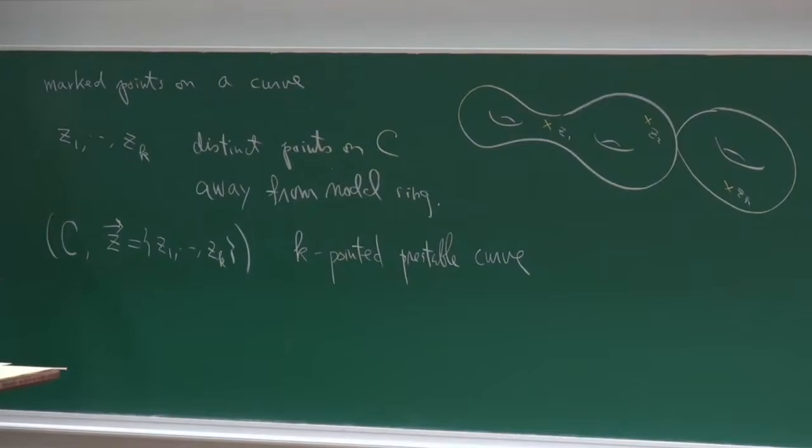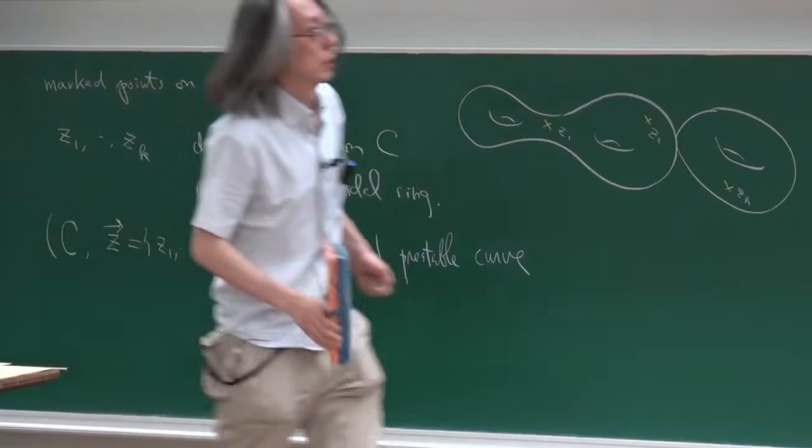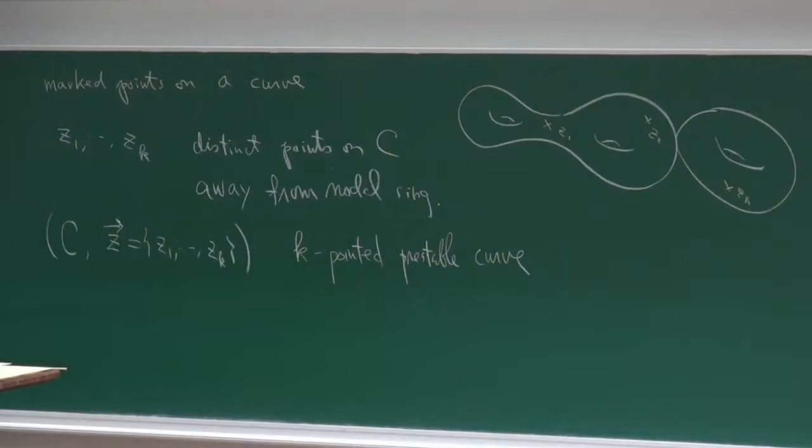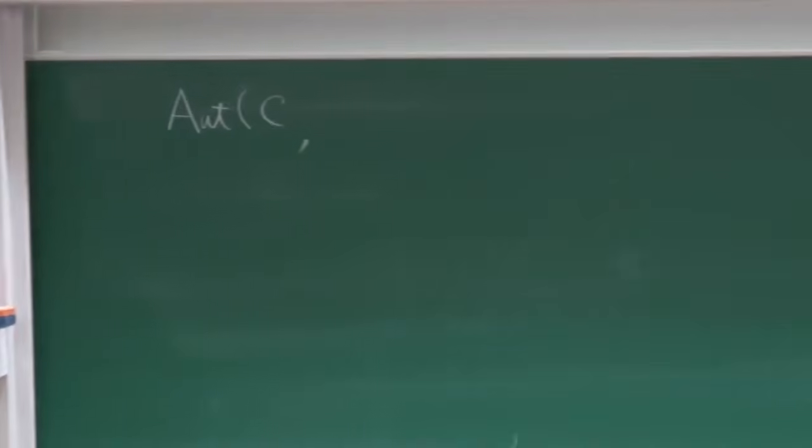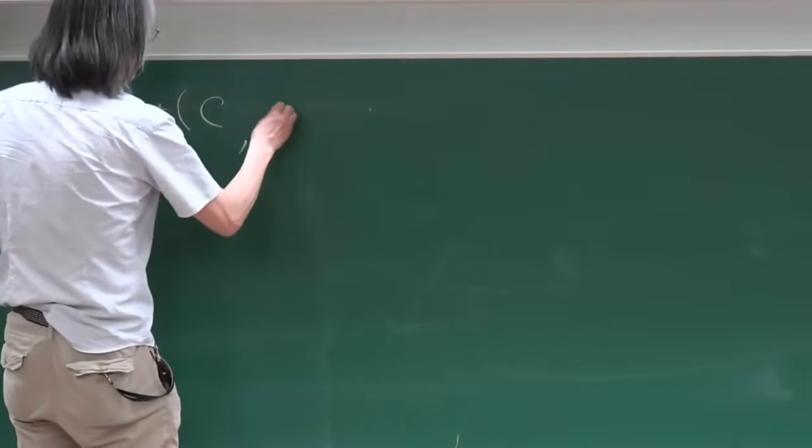And now we consider its automorphism. So now we consider the automorphism of this thing. Maybe only C, or maybe with these points. So the automorphism group.